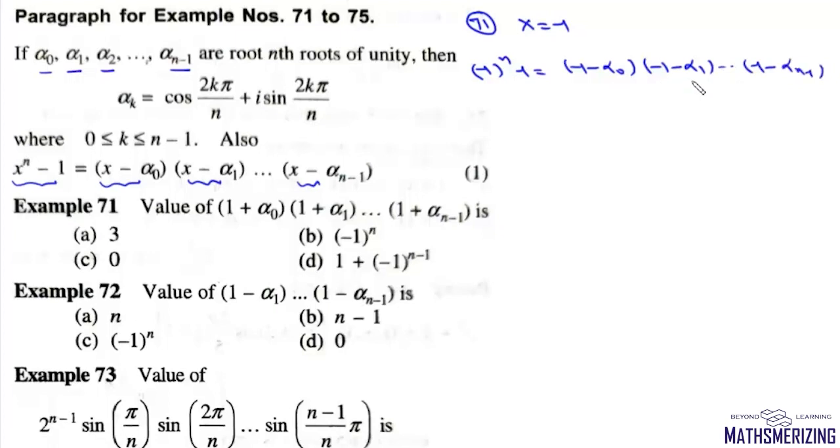Now we'll take minus common from each of the brackets. Now if we take minus common from each bracket, we'll get minus 1 to the power n into 1 plus alpha naught into 1 plus alpha 1 up to 1 plus alpha n minus 1. Now we'll divide everything by minus 1 to the power n.